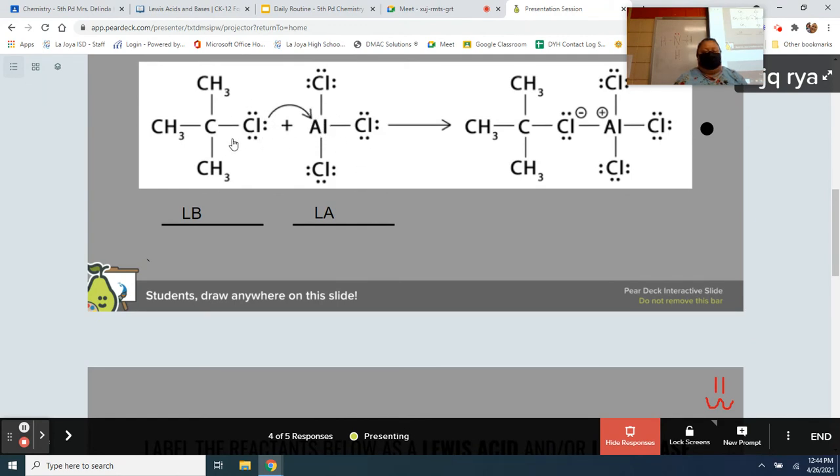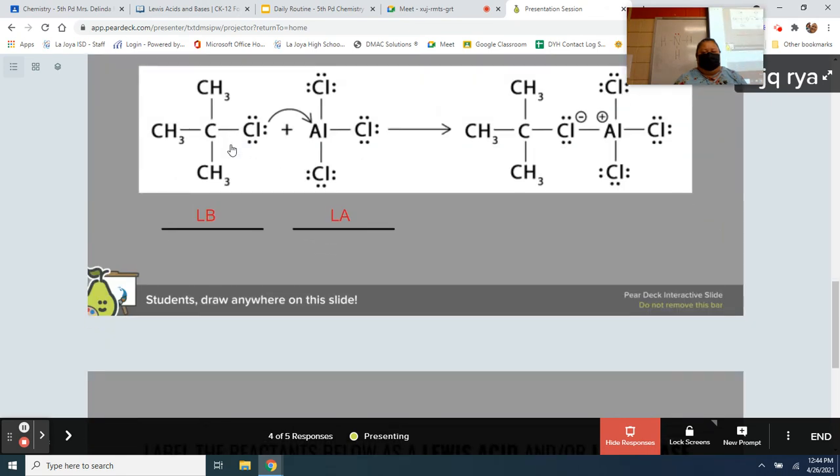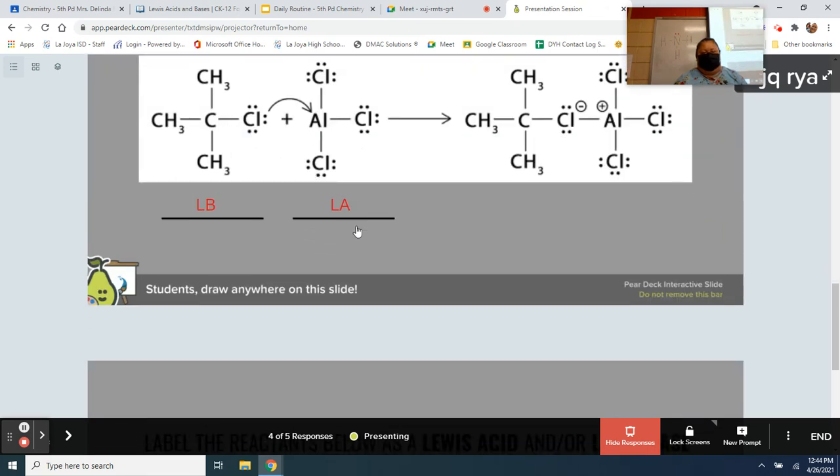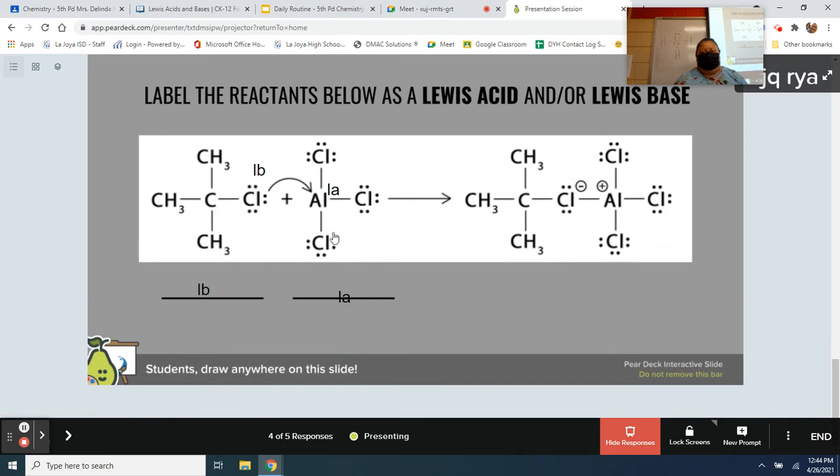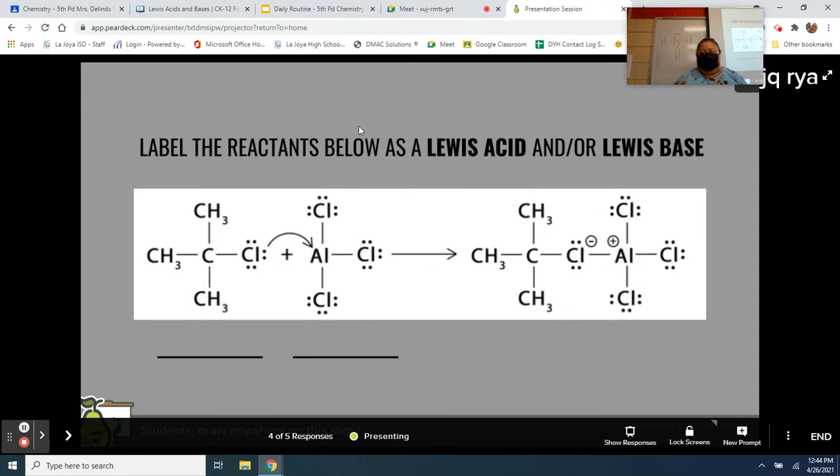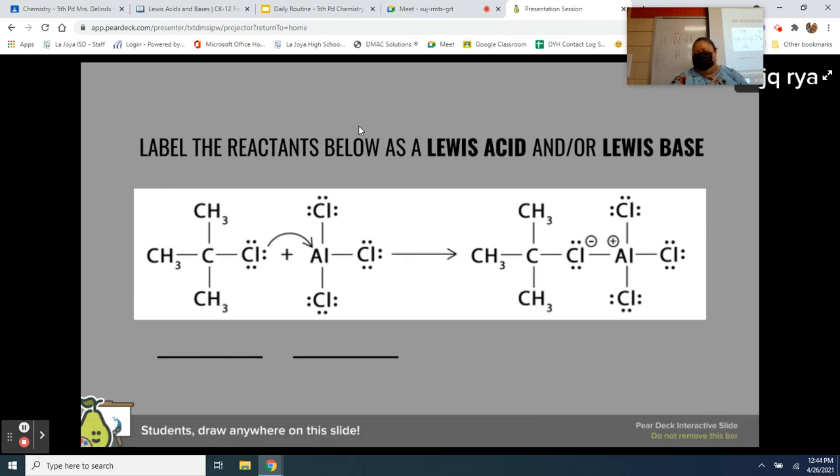Your Lewis base donates. Very good. Awesome. Guys, that's excellent. Except the first one, whoever that was, erasing it. Irvin, was that you? No, that was the second one. Oh, okay. Very good, guys.